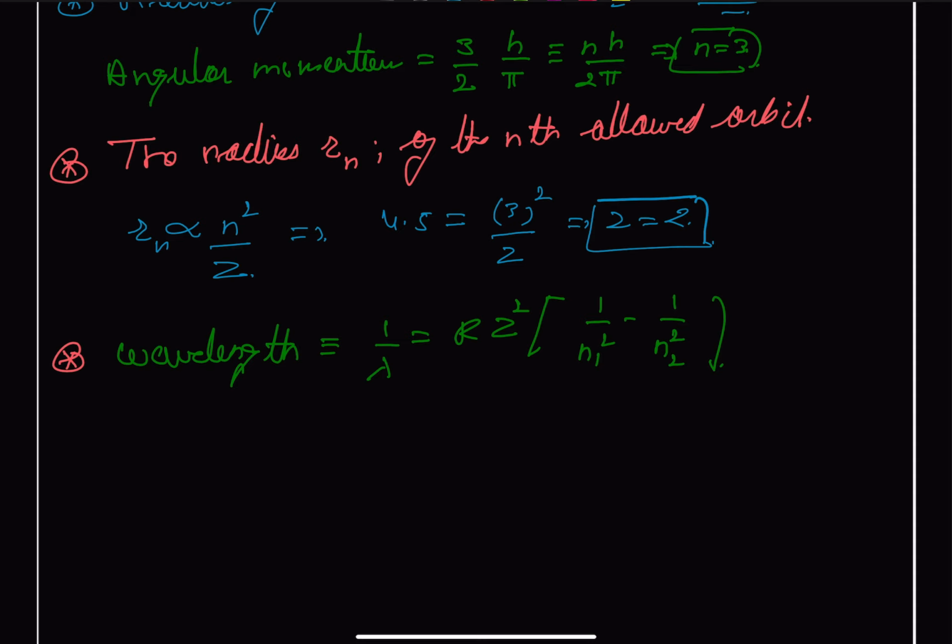Now, the initial state of n is 3. So there are, you can say, 3 different ways in which the atom can de-excite itself.